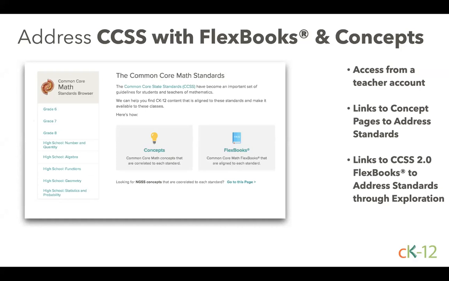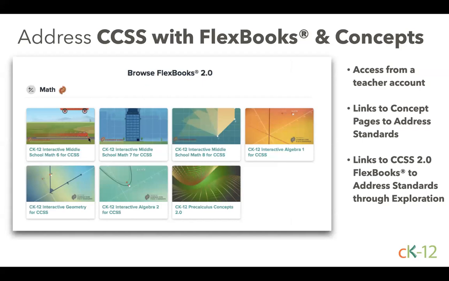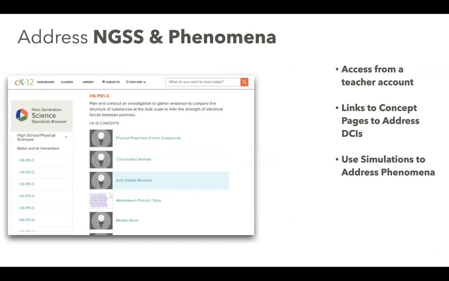And similarly in science, we've got an NGSS browser that will help address things for linking up to NGSS. So from the Explore button at the top of the homepage, you can find the NGSS browser, and it will show you a page like this that lists out all the new Next Generation Science Standards.